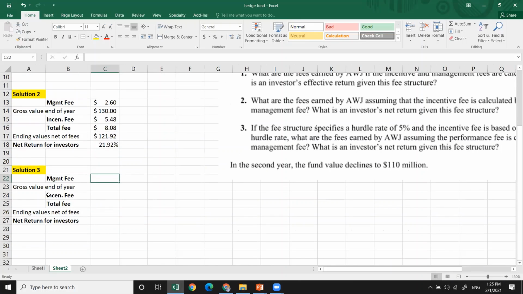So now we need to estimate. The value is 130. Okay. The management fee is the same, like 2% of end year value.